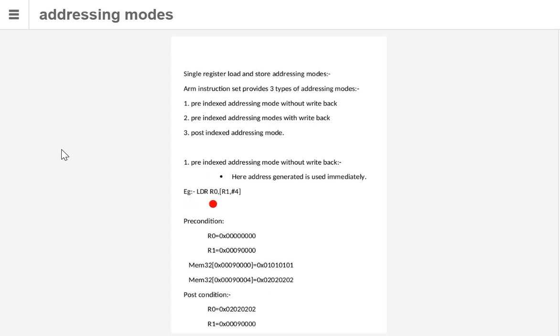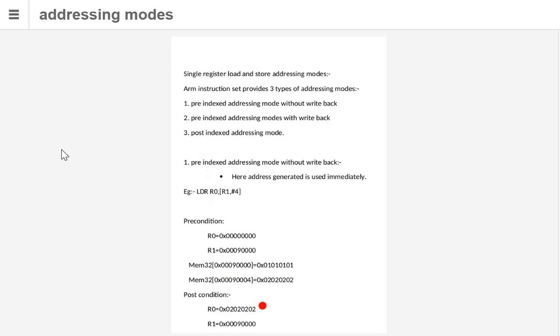After executing this instruction, it will copy the content from R1 plus 4 and store it into R0. R1 is 9000, plus 4 is 9004. So you will go to the address location 9004 and see what is there. The value is 020202. You'll copy that value and store it into R0.